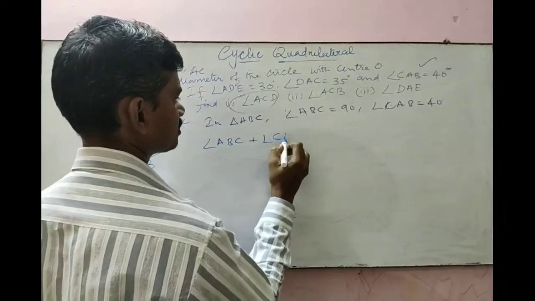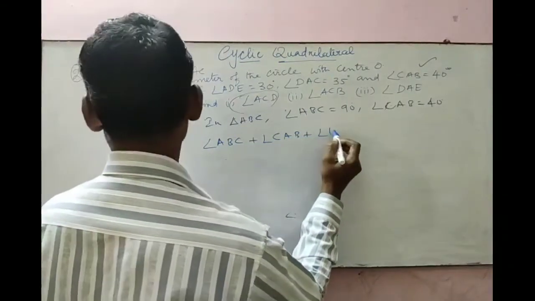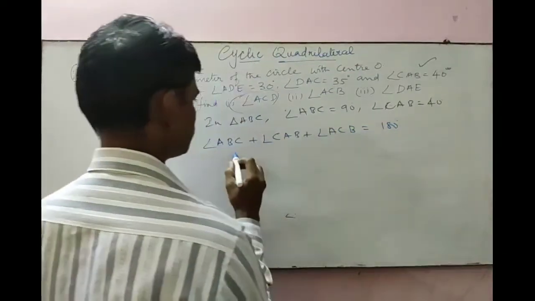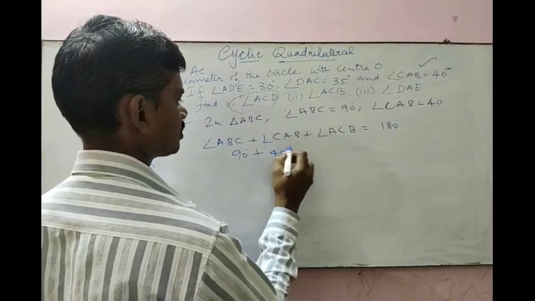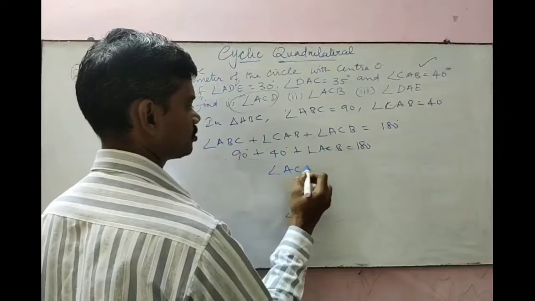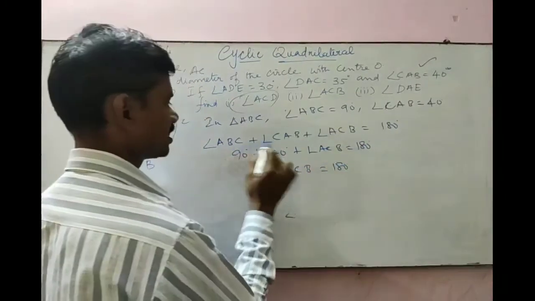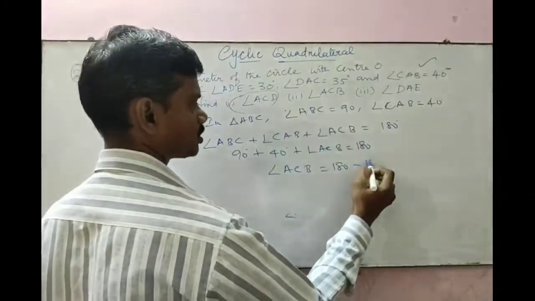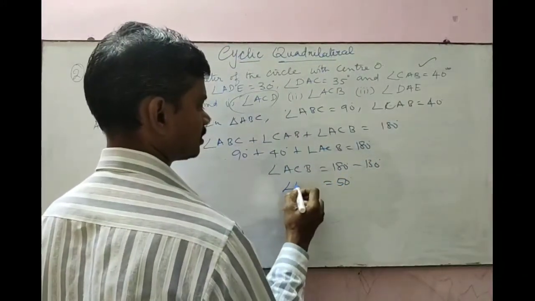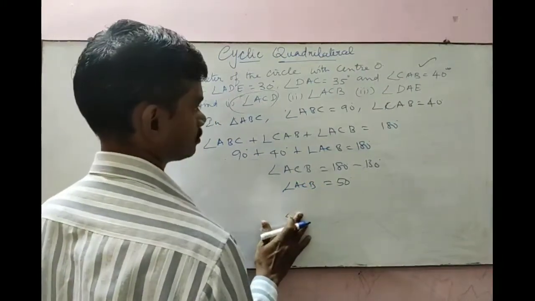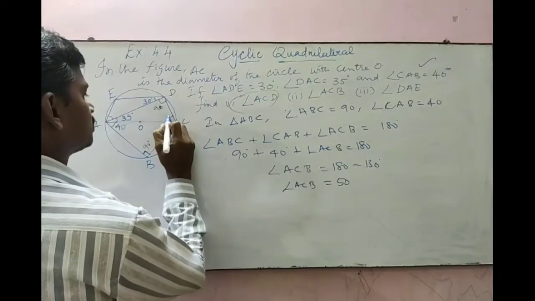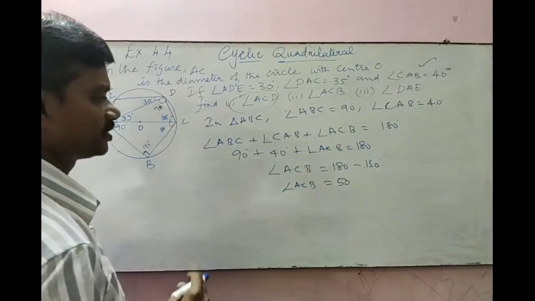Angle ABC plus angle CAB plus angle ACB, which I am going to find, equal to 180 degrees. This is 90 plus 40 plus angle ACB equal to 180. If you add this, you will get 130. If you transpose to the right side, it becomes minus 130. 180 minus 130 gives 50 degrees. So angle ACB is 50 degrees. This angle we found out as 55 degrees.